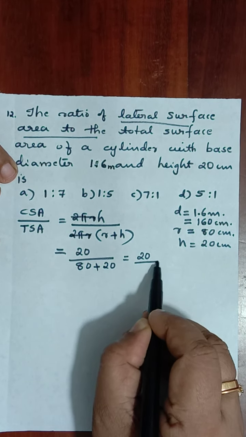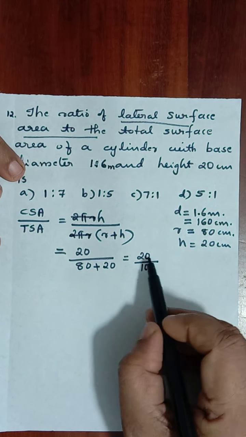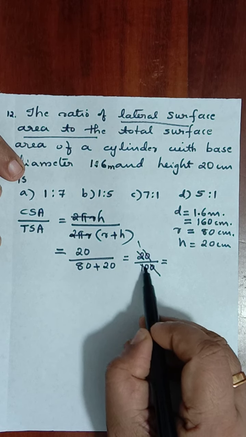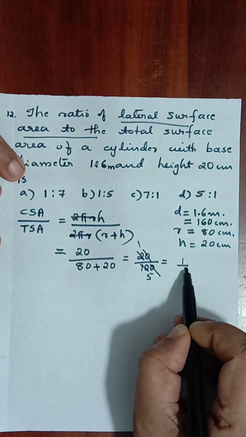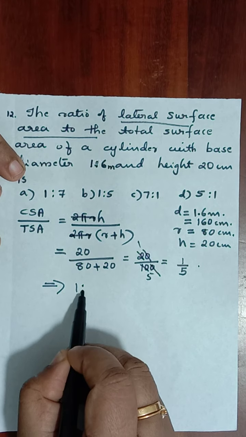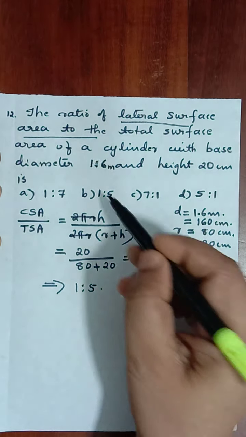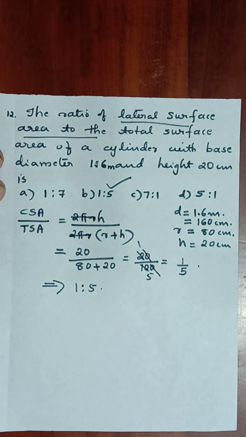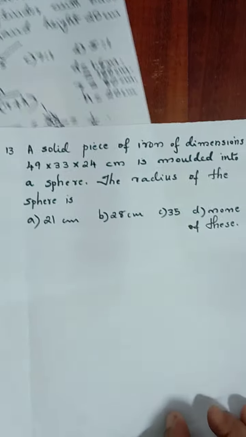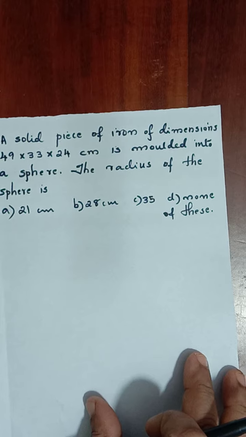So it is 20 by 100. We can cancel 10, so 1 time here, and 5 times here. Is it 1 by 5, or the required ratio is 1:5? Steps are not necessary, but while calculating you have to do this, then only you will get the correct answer.